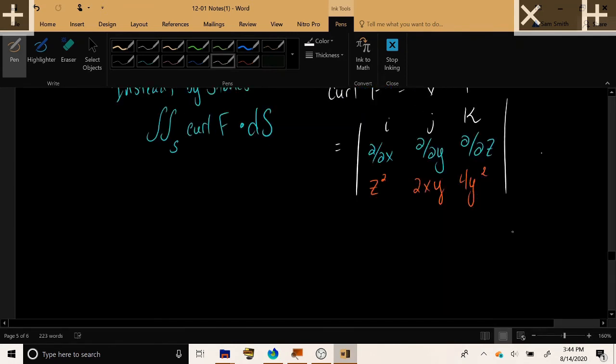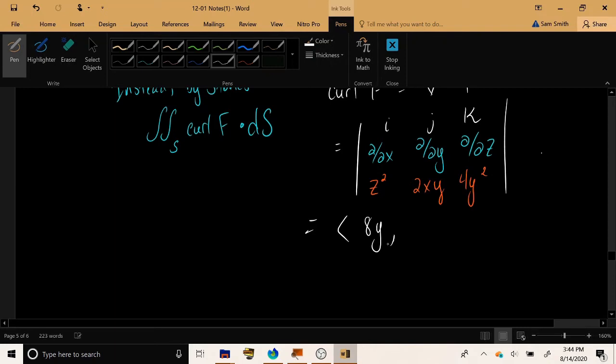All right, so let's do some arithmetic. We've got, for the x component, partial with respect to y is 8y. And for our other product, we have 2xy partial with respect to z, which vanishes, so it doesn't have an effect.